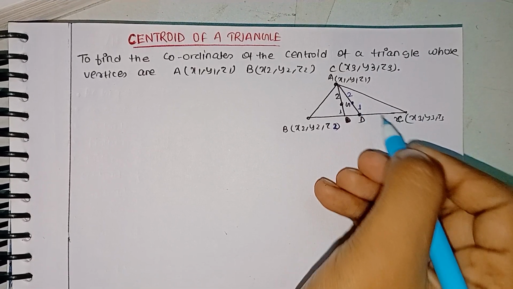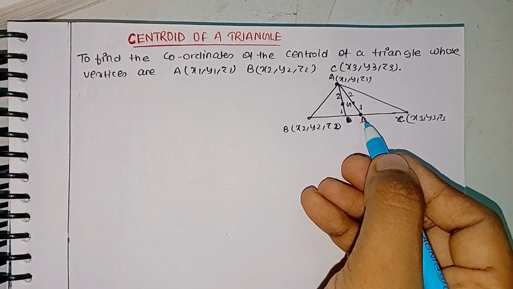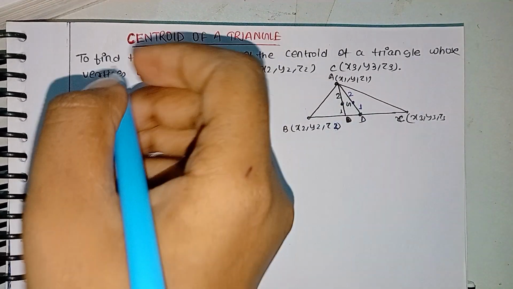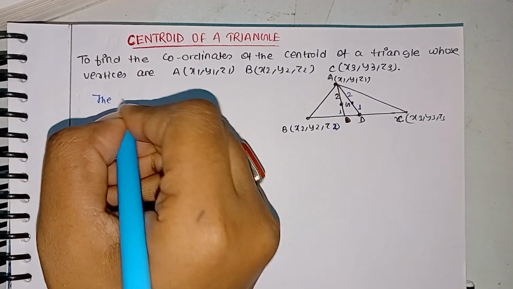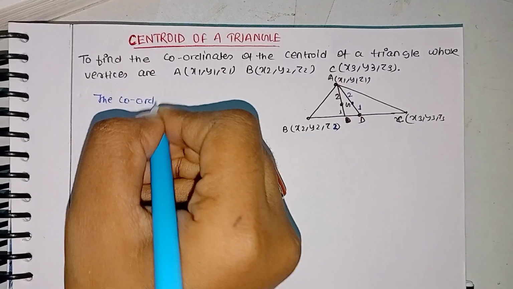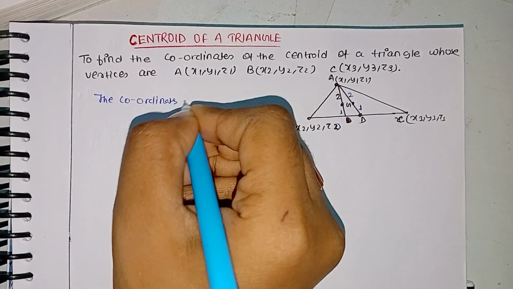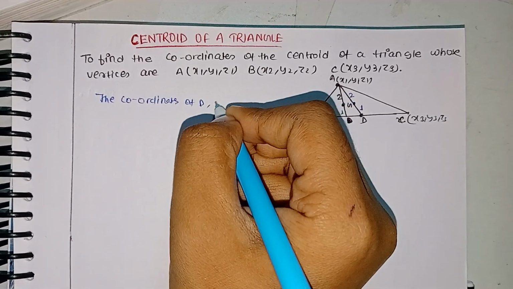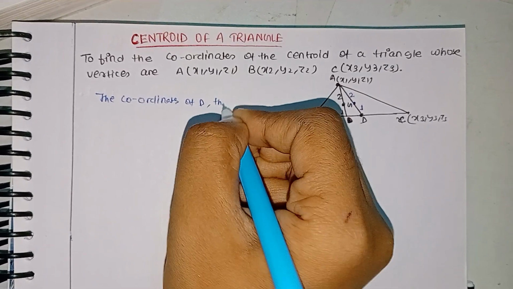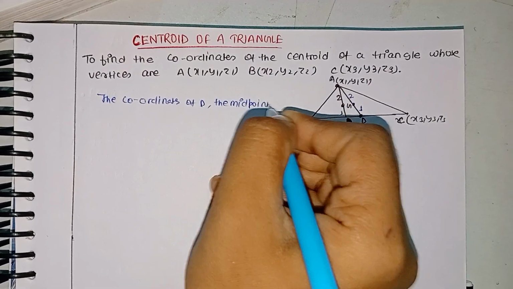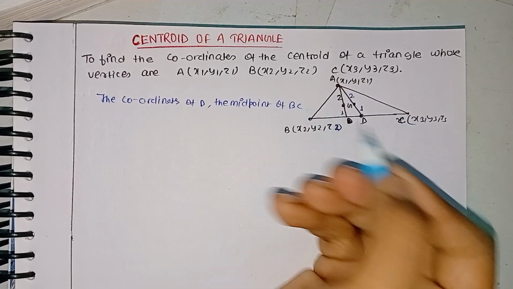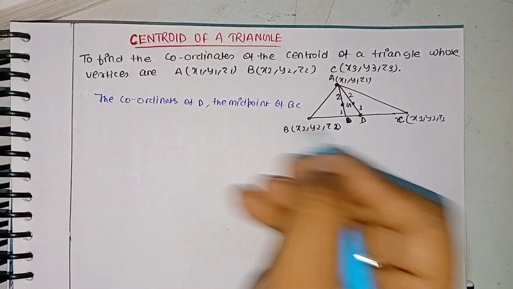As we know from the midpoint formula, D is the midpoint of BC, so we can write the coordinates of D. What is the midpoint formula?